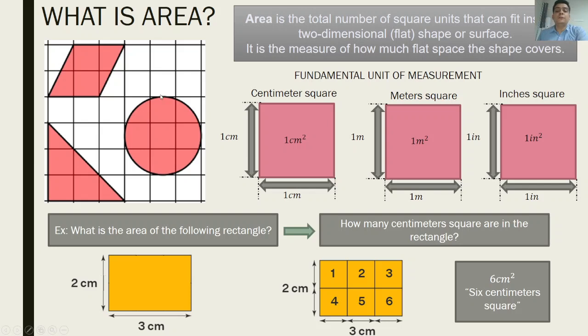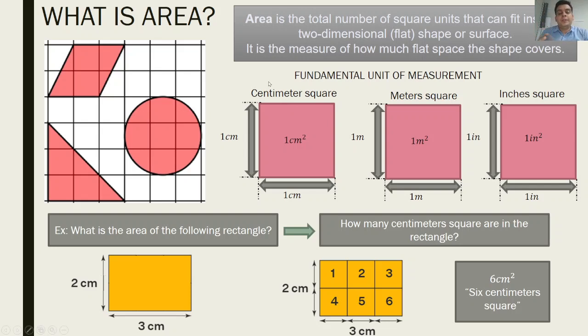When we talk about distance we usually measure with centimeters or meters, but here we are talking about area and surface, so we have to consider squares instead of large distances.